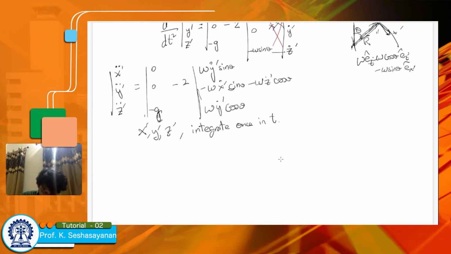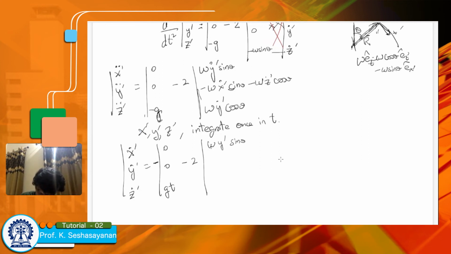Once you integrate, what you get is x prime dot, y prime dot, z prime dot equal to 0, 0, minus gt, minus 2 times omega y prime sin theta, minus omega x prime sin theta minus omega z prime cos theta, omega y prime cos theta.